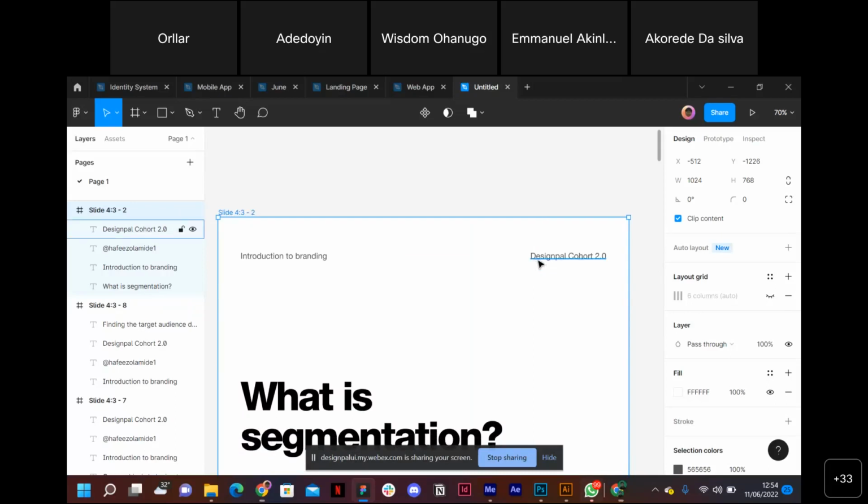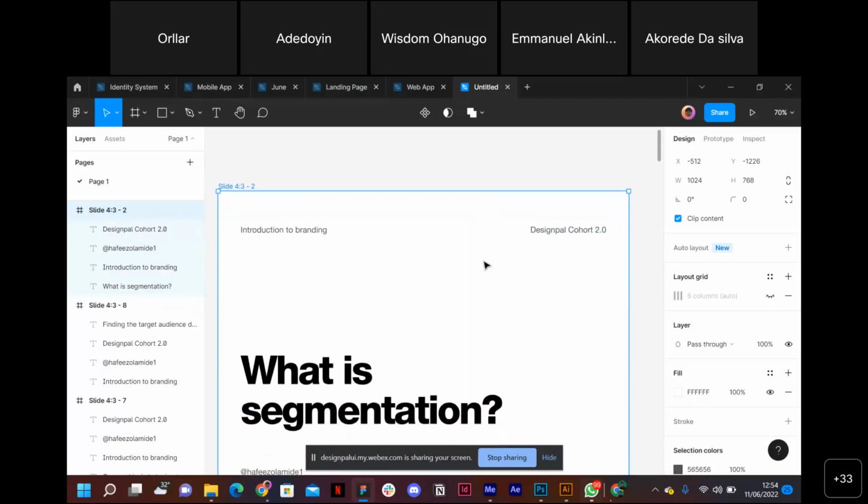Okay, so first, you should know that branding is very wide. It's far beyond design, logos, colors, storyboards, and others. Branding entails ad design, marketing design, media engagement design, and others.